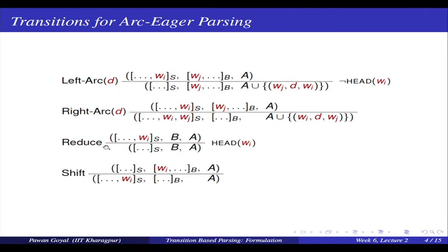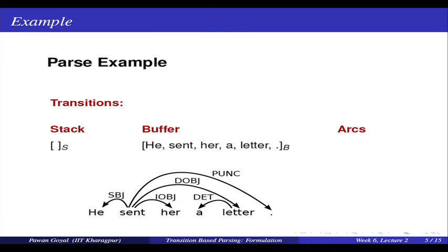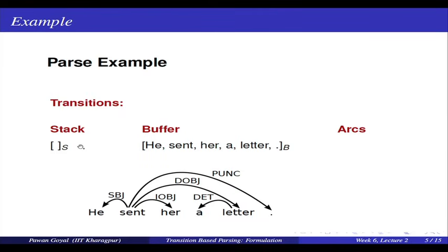Let us see a particular example and how do we apply these transitions. So, we will take a very simple example. So, what we will have? We will have a sentence, he sent her a letter, and we also know the dependency parse of the sentence.